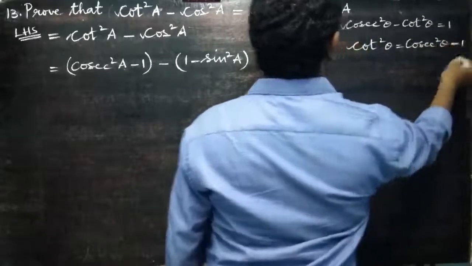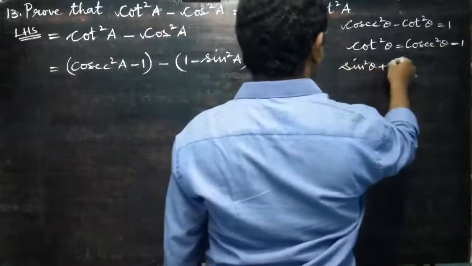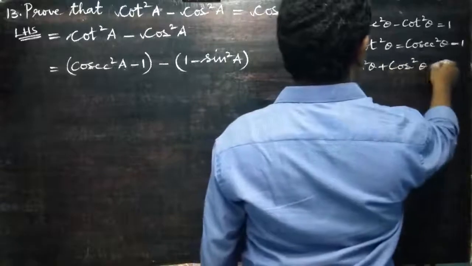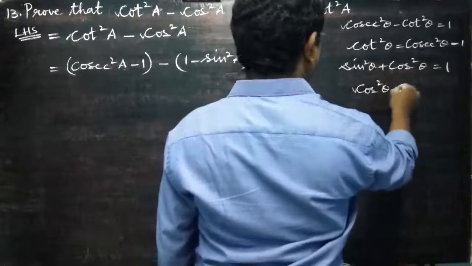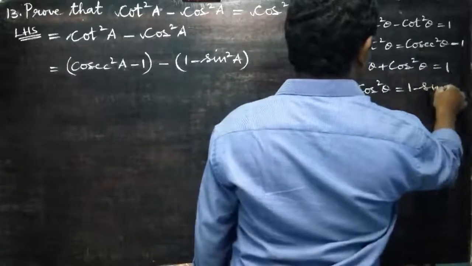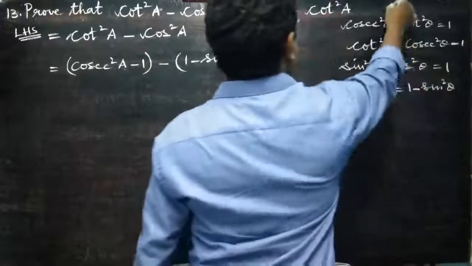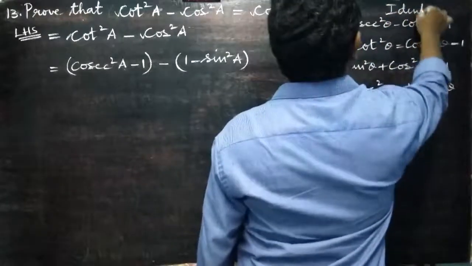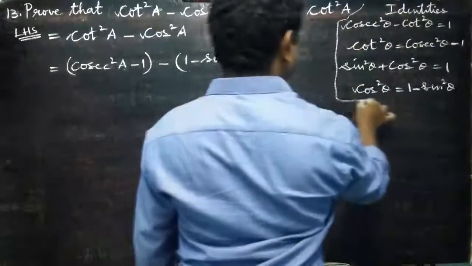Next, sin square theta plus cos square theta is equal to 1. Cos square theta is equal to 1 minus sin square theta. Identities, from where we are taking means from identities, trigonometrical identities.